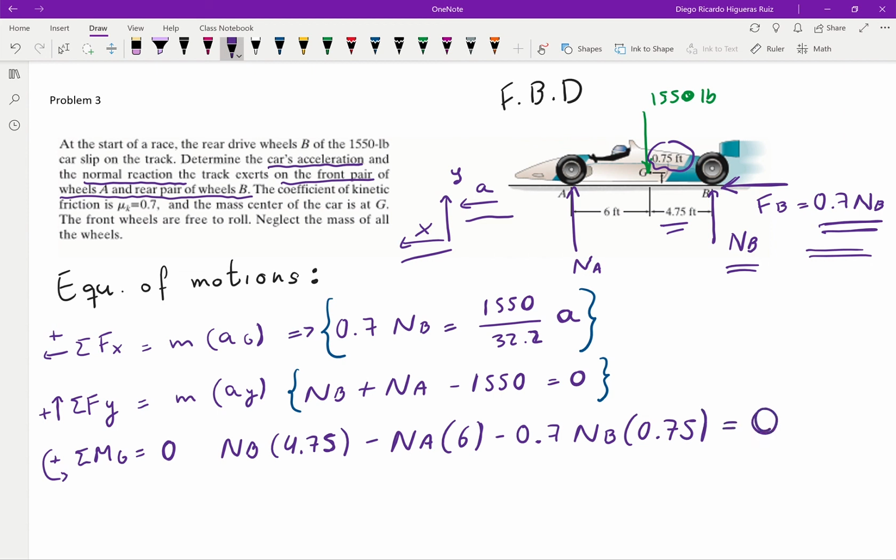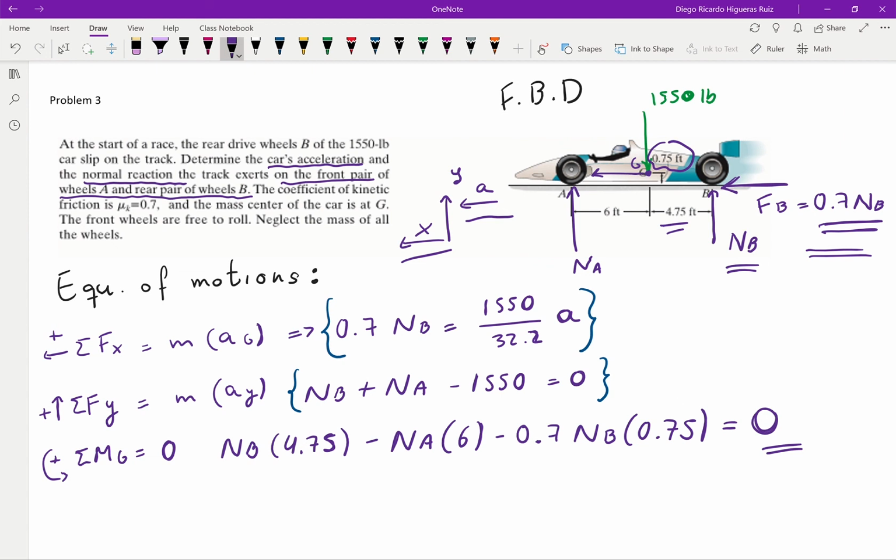That's equal to 0. And you might be wondering why now we have a 0 right here, right? Like this term. So basically, there isn't any kinetic moment since the acceleration with respect to the center of gravity of the F1 car is going along the x direction.